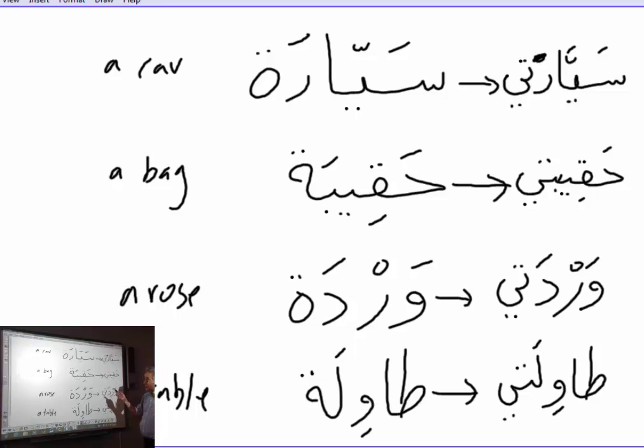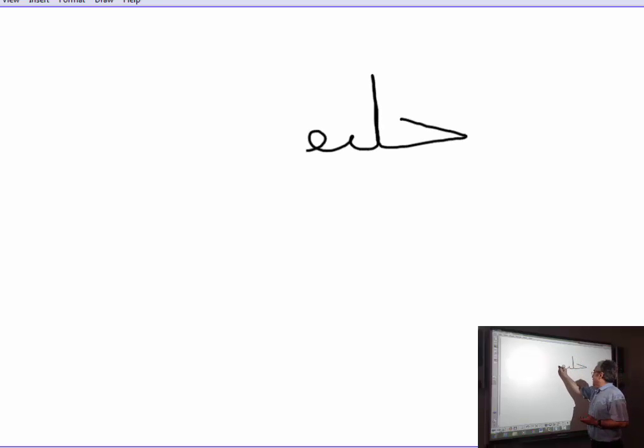So this is for ta marbuta. Of course maybe you can ask, what about nouns which are masculine but with ta marbuta? Maybe you remember the word, it's Khalifa.